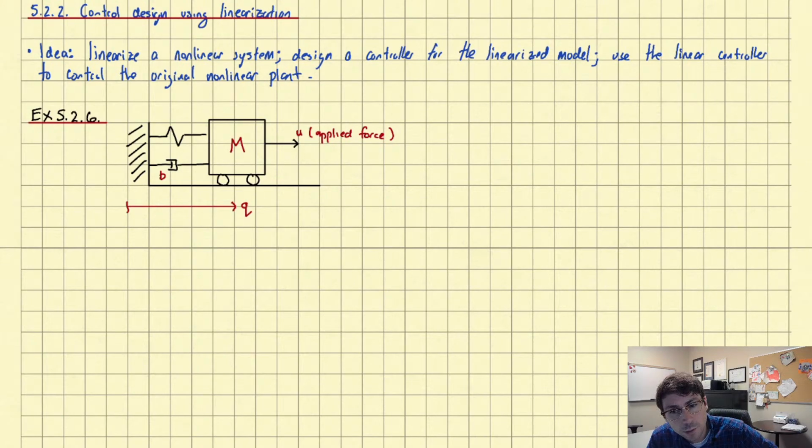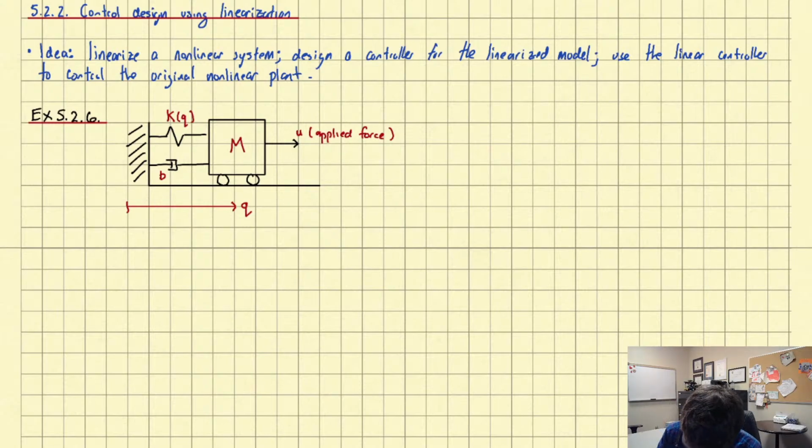But our spring is going to be nonlinear. So instead of just writing a constant, the force exerted by the spring is not just k times q, it's k of q. It's a possibly nonlinear function. I'm going to write down that function in a second. But that's the idea. We have a nonlinear system, and the source of the nonlinearity here is the spring.